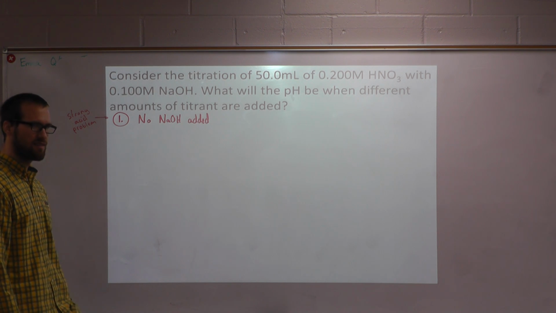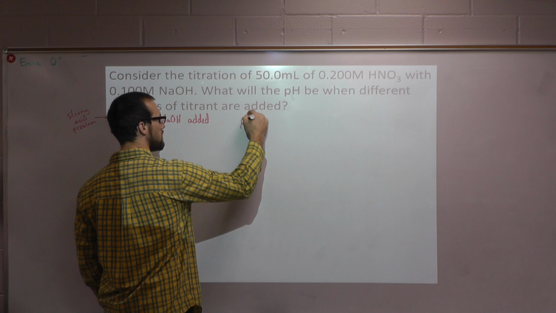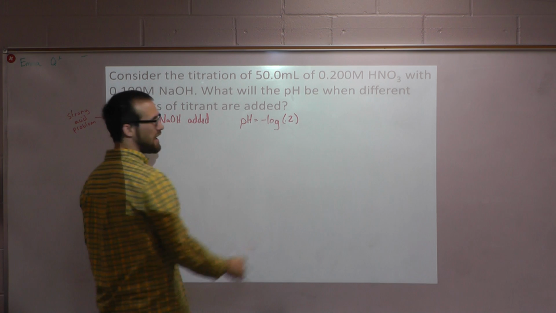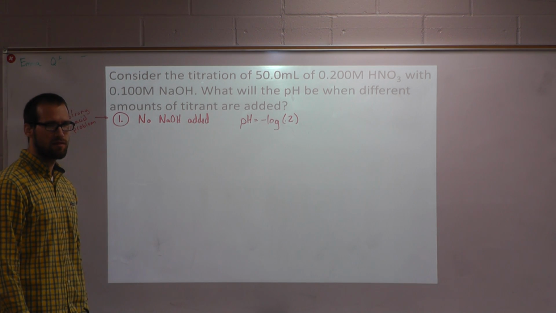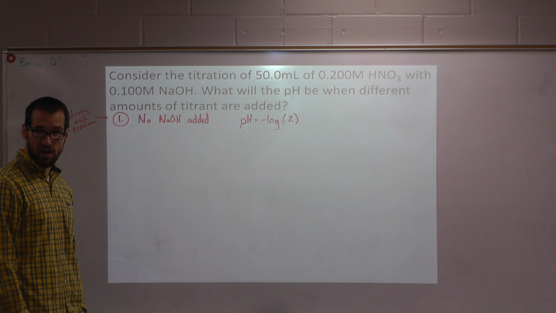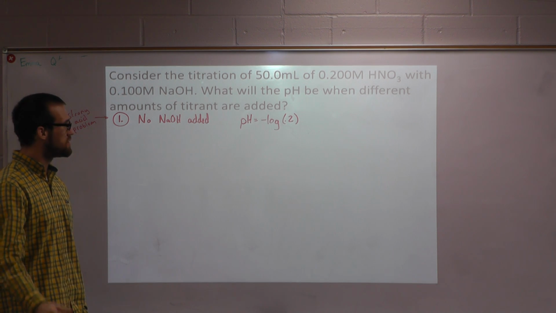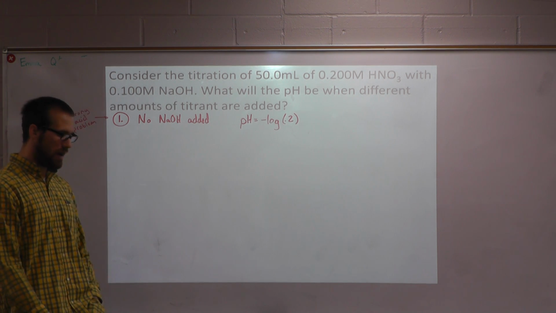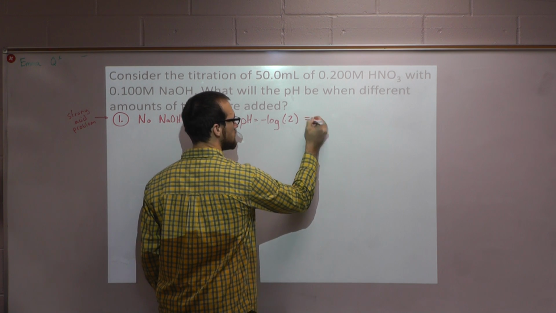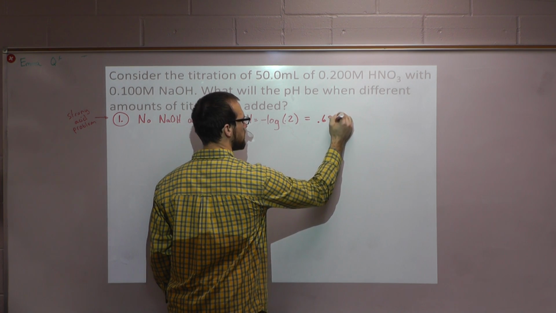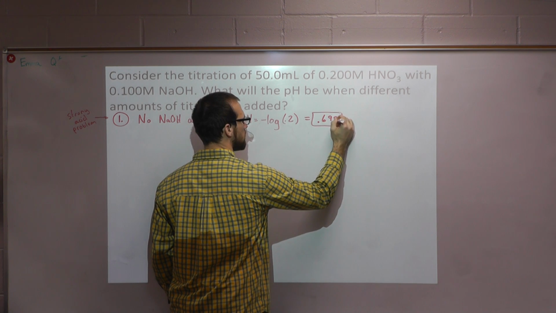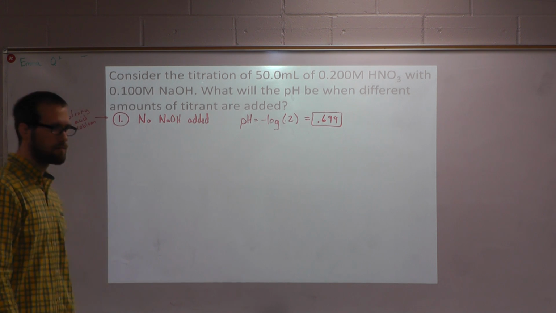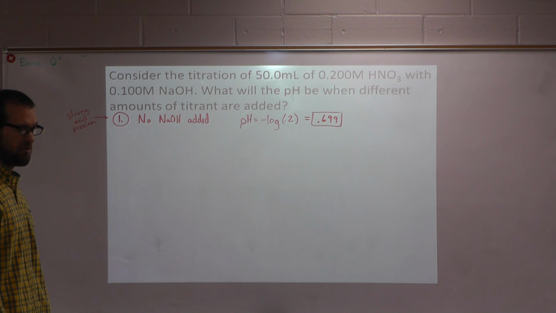How do we do it? Strong acid, what's it going to do? Completely dissociate. So we know the H plus concentration because it completely dissociates. Negative log of that. Voila, we are done. Okay, easy enough.